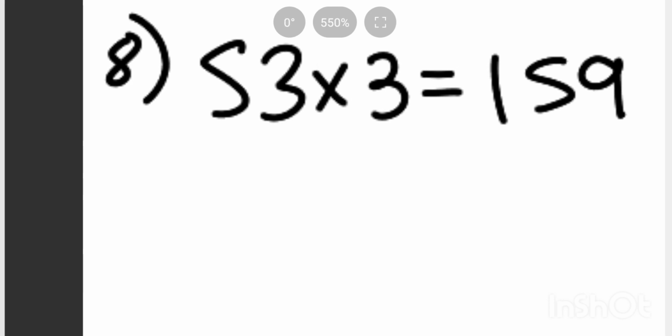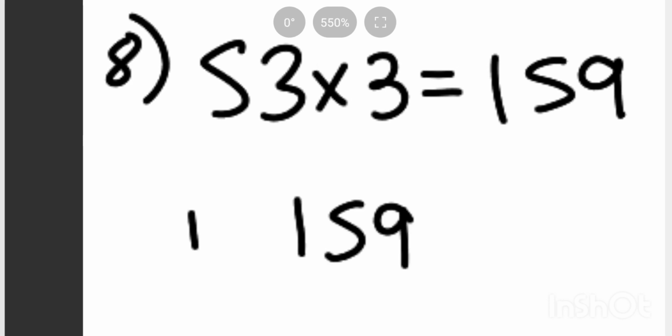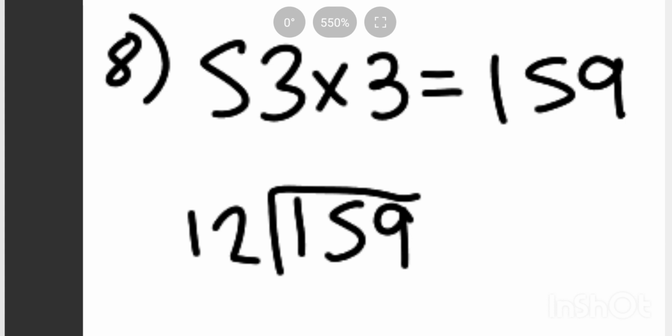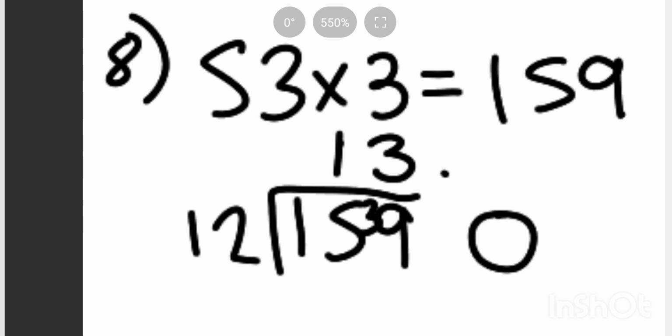So 159 divide 12: 15 divide 12 is 1 remainder 3, and then 39 divide 12 is 3 remainder 3. And at this point, you know the answer is going to be 13 point something.